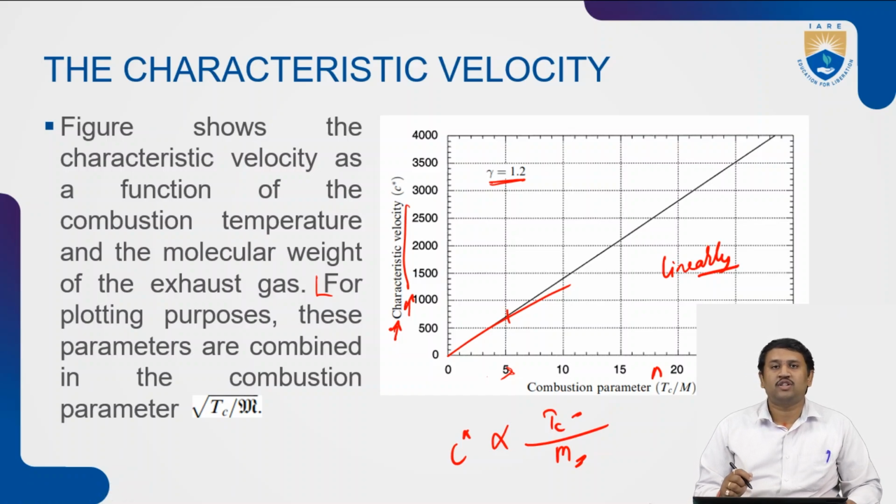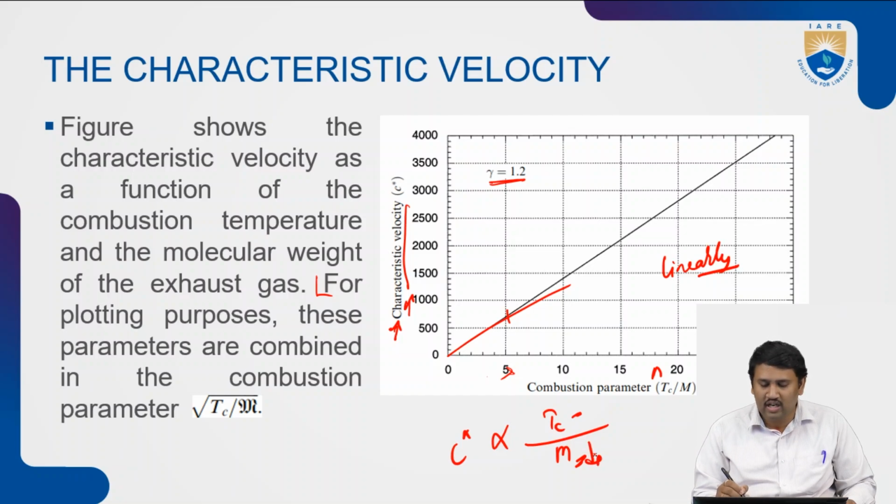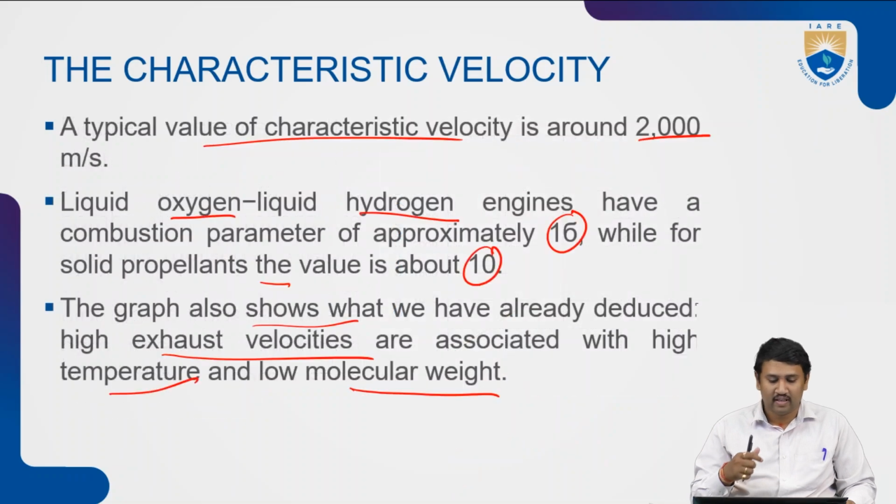So, whenever a suitable combination of propellants is being considered, the propellant combination which gives less molecular weight of exhaust gases with higher temperature of combustion will give you a good characteristic velocity, right? A good characteristic velocity which is defined for better identification of the rocket engine.